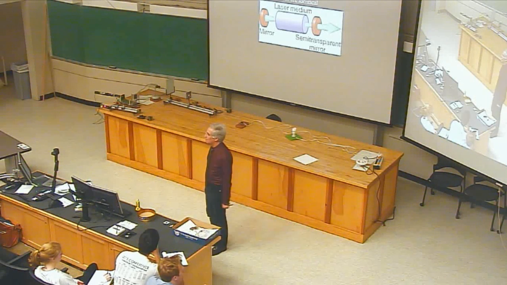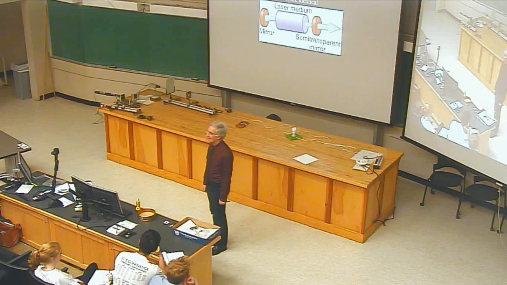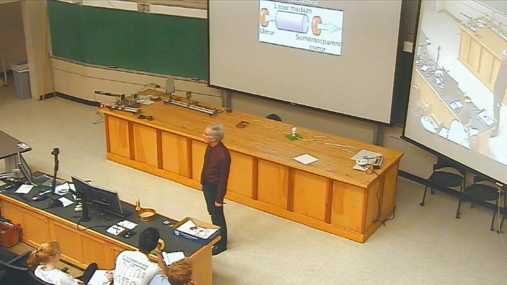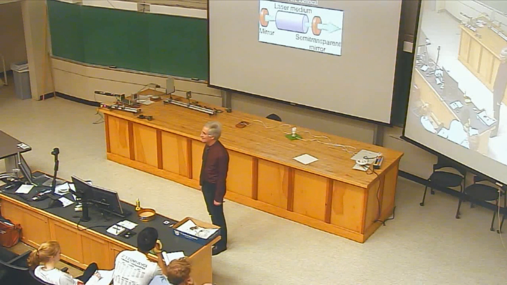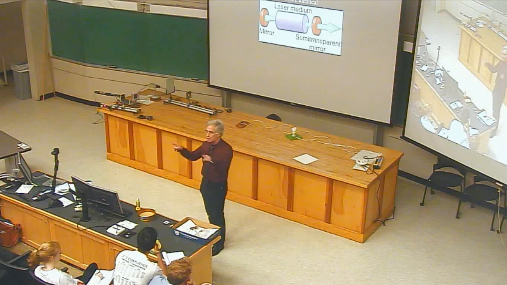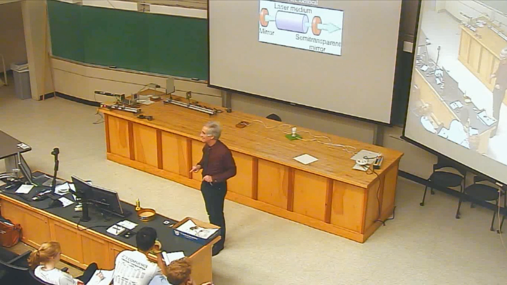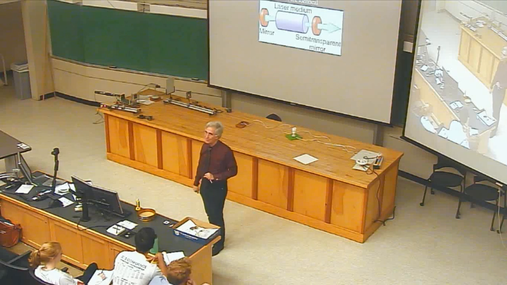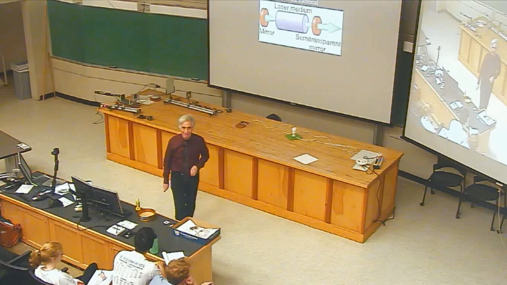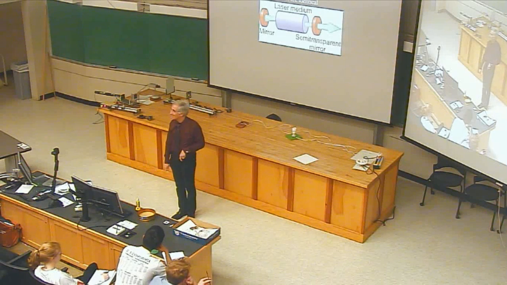Since frequency and color go together, it comes out as green light. Another way of thinking about it is it's tacking two photons together to make one: one photon carrying twice the energy and therefore having twice the frequency.